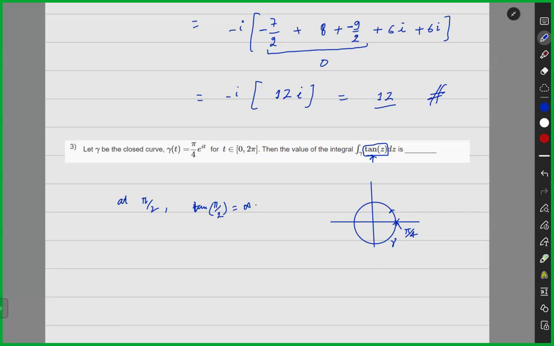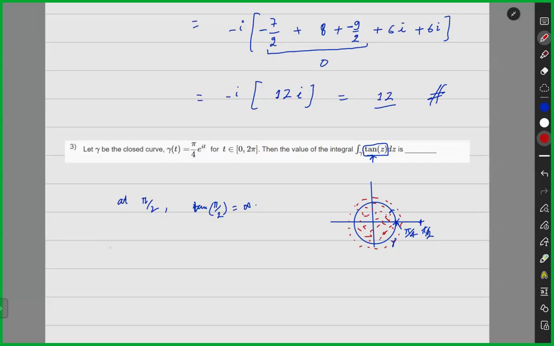So the problem is at pi by 2. So in this small domain, the open set, which is not containing pi by 2, so a small open set which contains the circle, which is not containing the pi by 2 point, means where it is not defined. So other than that, here it is holomorphic.